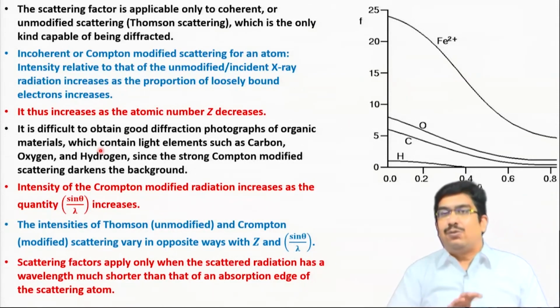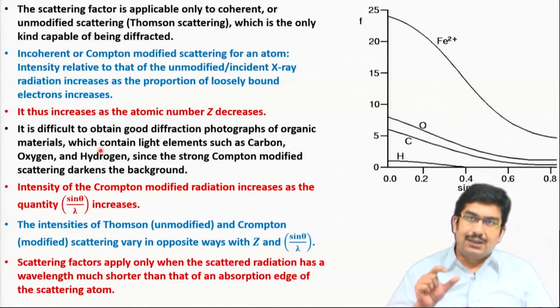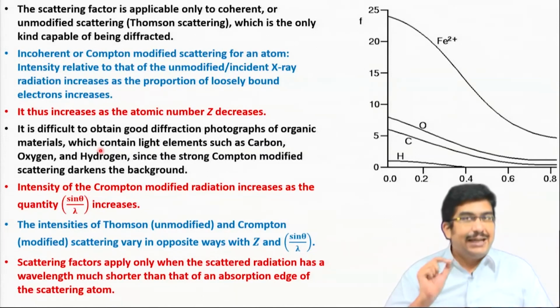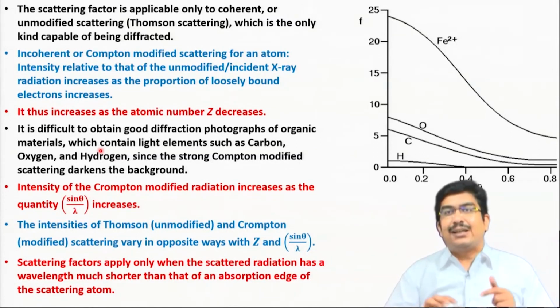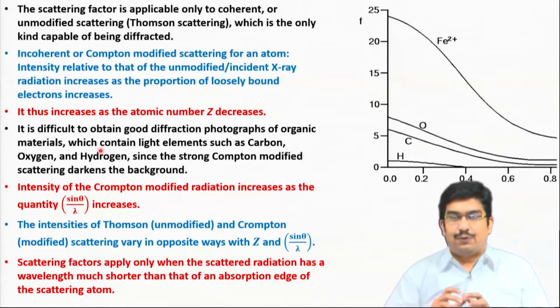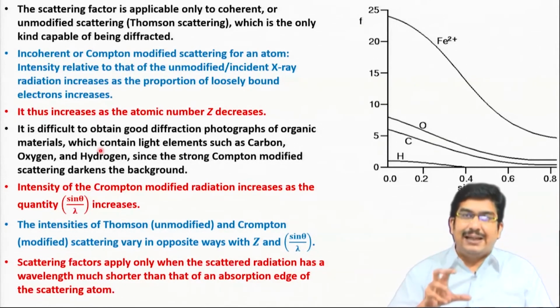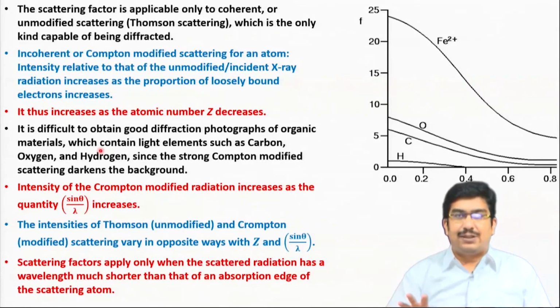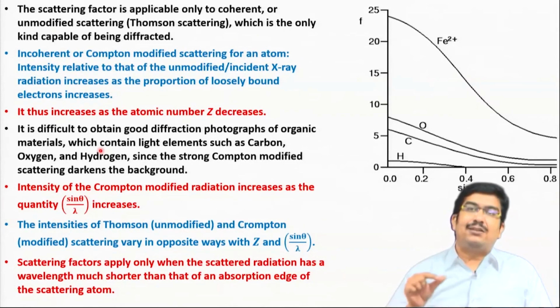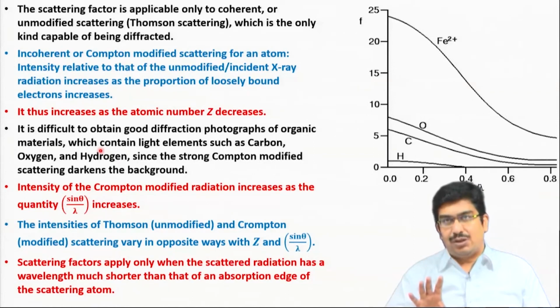One thing you must understand here: the inner shell electrons, which are tightly bound, are responsible for Thomson scattering. If they are hit by the incident X-ray photon, since they are tightly bound by the nucleus, they will not be able to go out of the atom. They will be oscillating about their mean position.